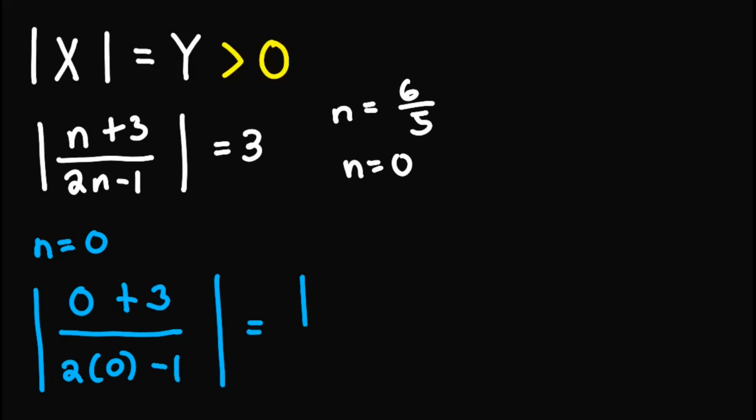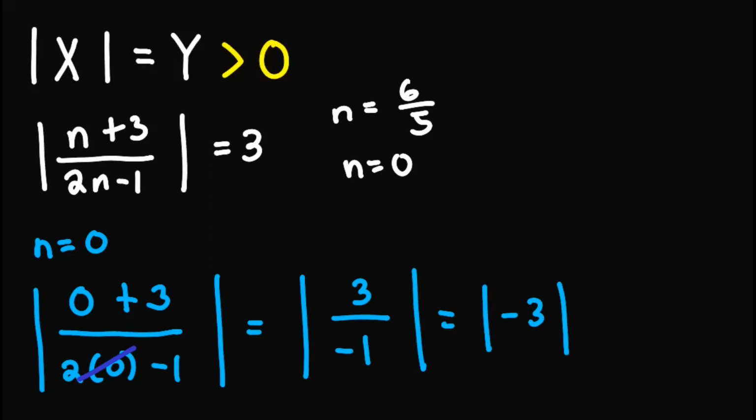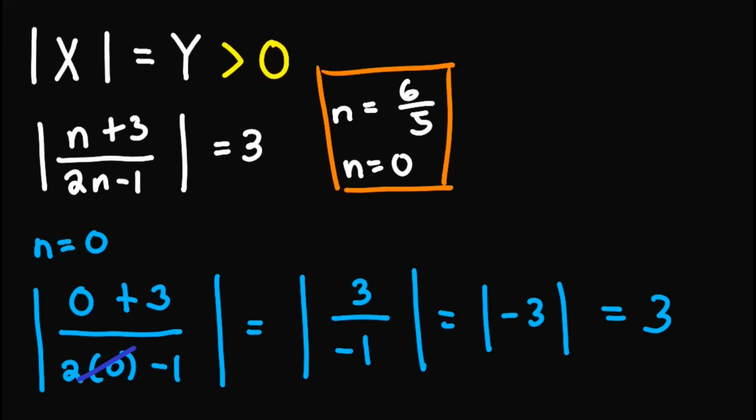So on the numerator we have 3, then 2 times 0 will just cancel out, so we have in the denominator negative 1. This is equal to the absolute value of negative 3, or simply 3. So it satisfies our equation again. Therefore, we can conclude that these two values of n are the right values for this equation.